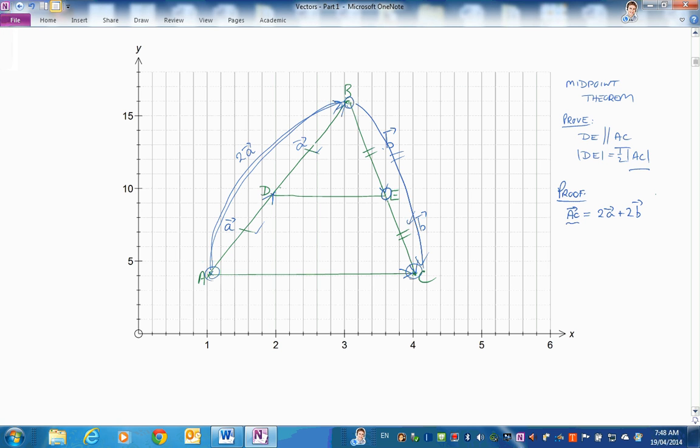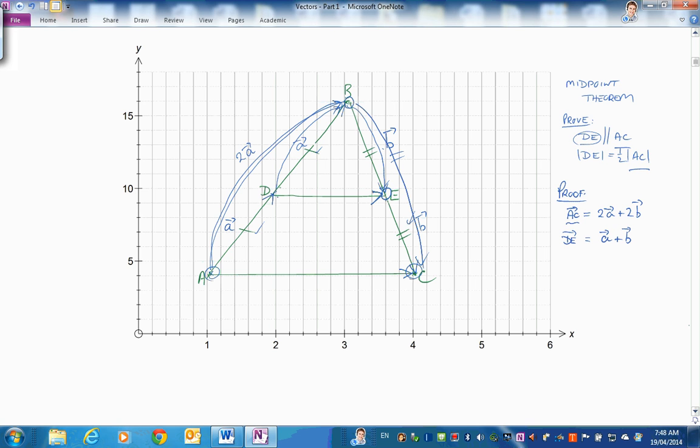All right, well, what's the other one we want to compare it with? DE. Let's try and look at the displacement of D to E. Here it is here, going this way. D to E. What is it? Well, you could go around the outside as well. You could say it's equivalent to displacing D to B and then B to E, which would be a plus b.